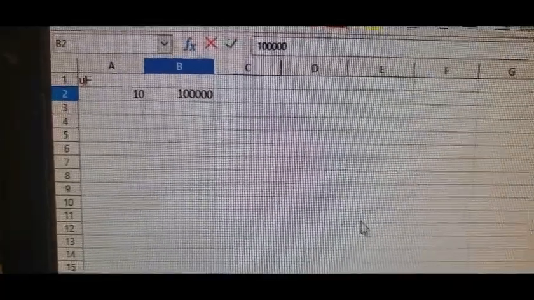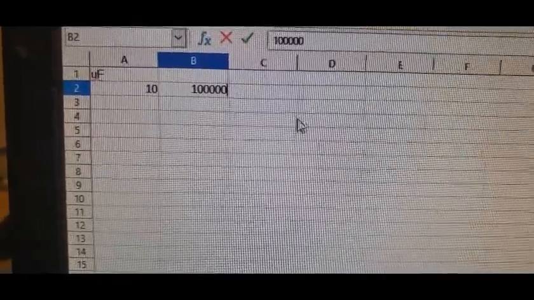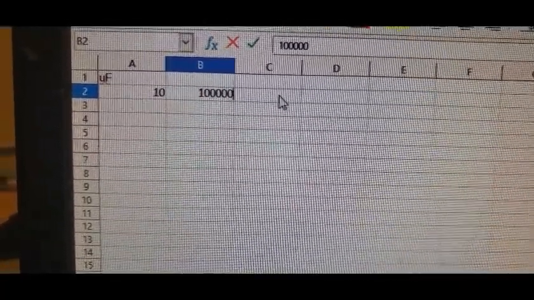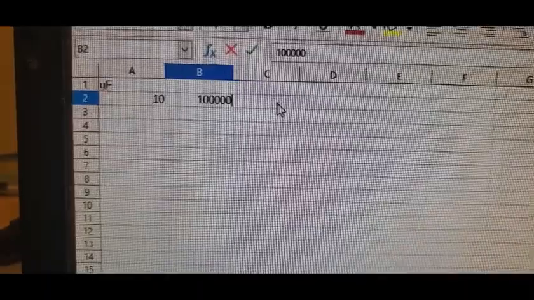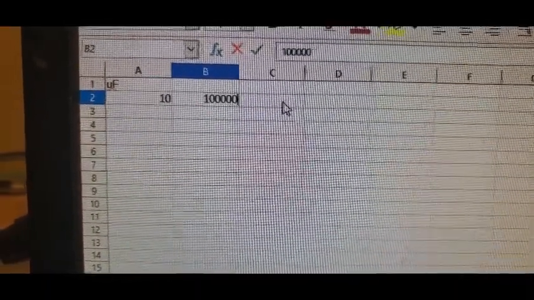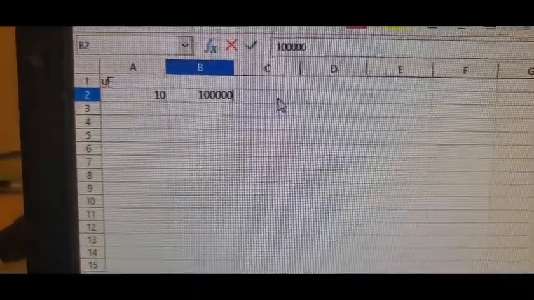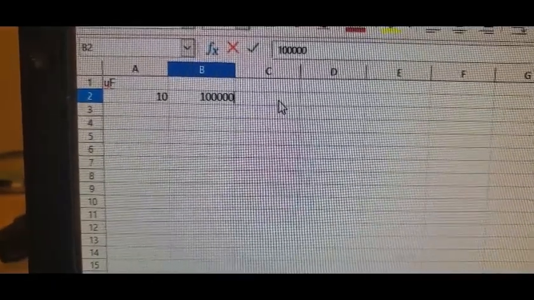But what if that 1/100,000th of a farad discharged 100,000 times in a second? Then you would have the exact same thing as a 1 farad capacitor discharging in a second, except this time you had a 1/100,000th of a farad capacitor discharge 100,000 times in a second. So you'd have the same thing.